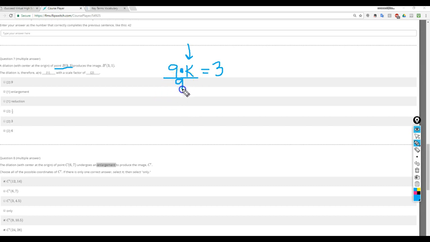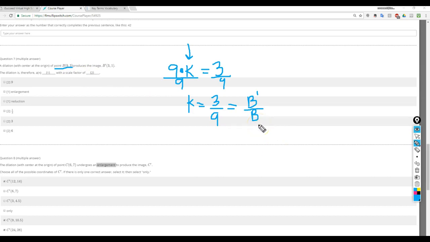So I'm going to divide by 9 and divide by 9. So k is going to equal 3 divided by 9.